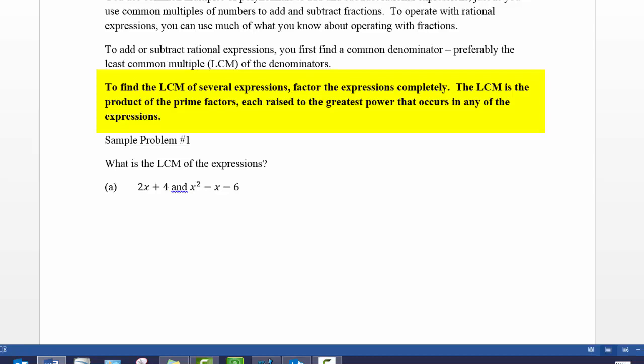And so we would want to then take each individual part, the greatest of those, and that would be our least common multiple. So if you like, go ahead and try sample problem number 1, parts A and B, and then you can come back and look at the solutions.